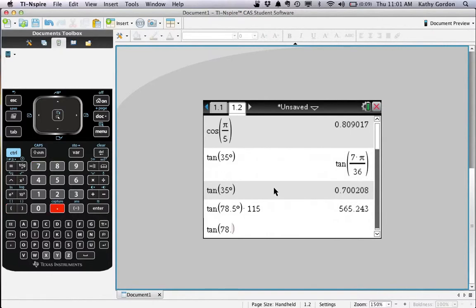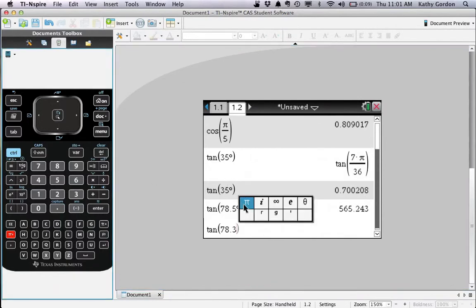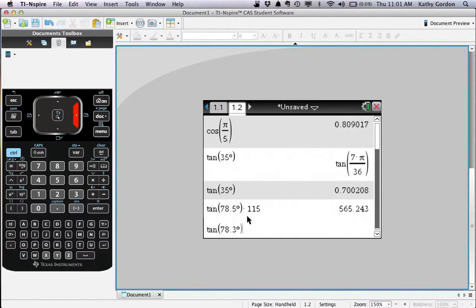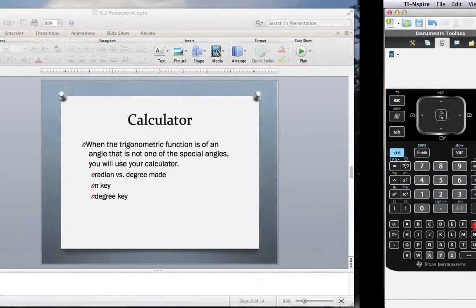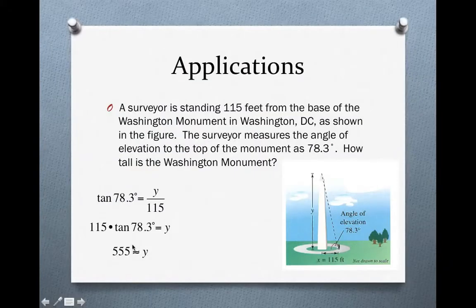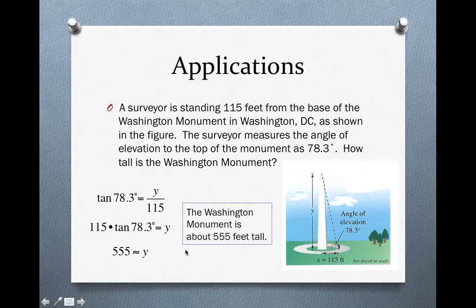So 78.3 degrees times our 115. There we go, 555. So that's the answer that we get. The Washington Monument is about 555 feet tall.